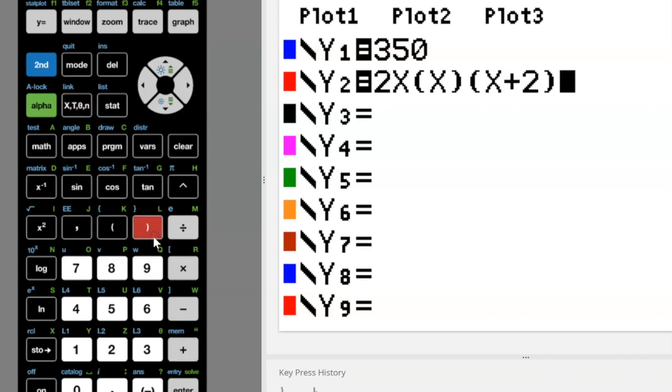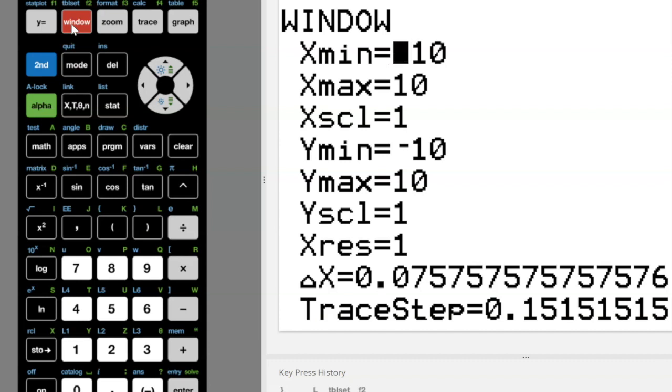Before we graph it, we've got to get more comfortable estimating a proper window. Go to your window and think about what's realistic here. For the dimensions, x is representing the sides of the box, so you're not going to have a negative dimension. We can make our x min 0 and keep our x max 10 for now.